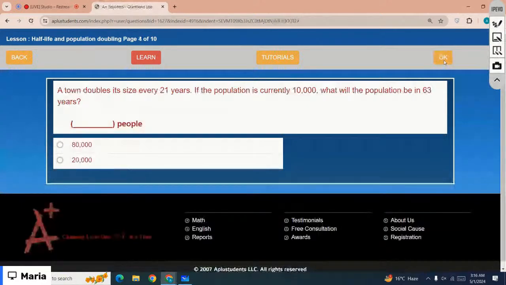A town doubles its size every 21 years. If the population is 10,000, what will be its population in 63 years? So, which is the correct option?